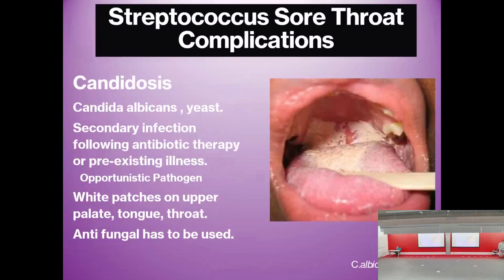150 years ago, this would kill you. You might be familiar with this as well. So this is Candidiasis, or Candida albicans, or yeast. You can have a yeast infection of the throat. So maybe antibiotic use clears up the strep.